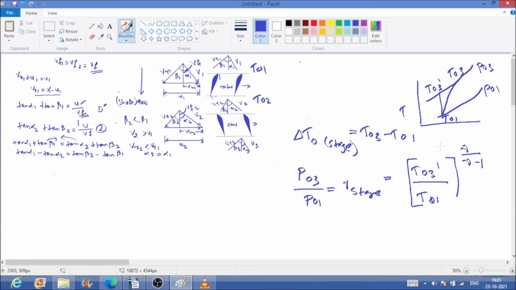Because see here, the pressure limits are the same, P03 and P01, even if it is an isentropic process or an actual process. So I consider this vertical isentropic line, and the relationship between P03 by P01 is equal to (T03 dash by T01) raised to gamma by gamma minus 1, because this is the isentropic relation, which we have already seen.